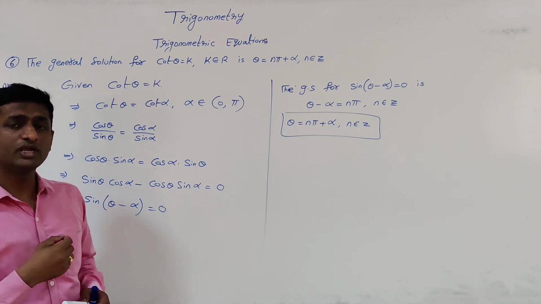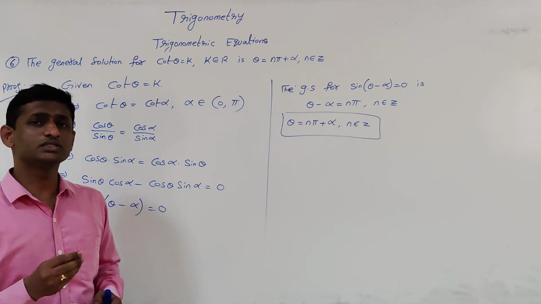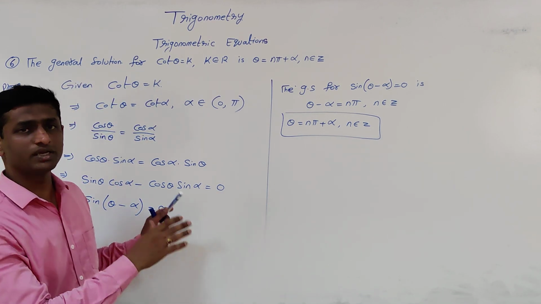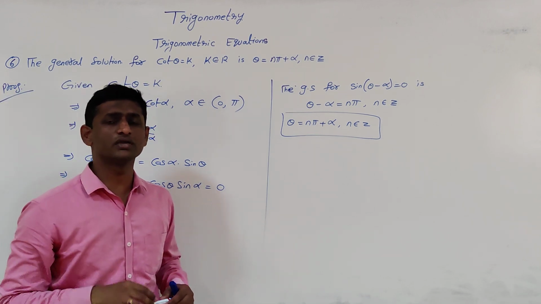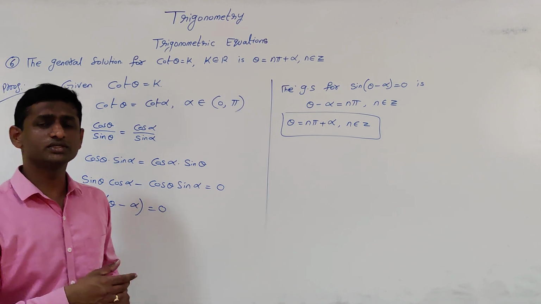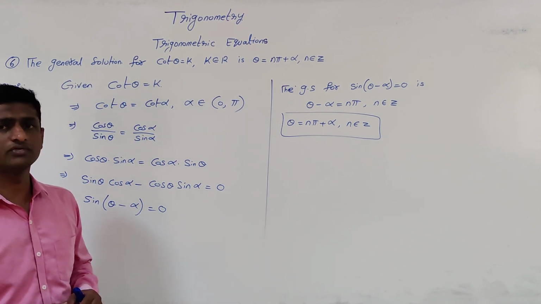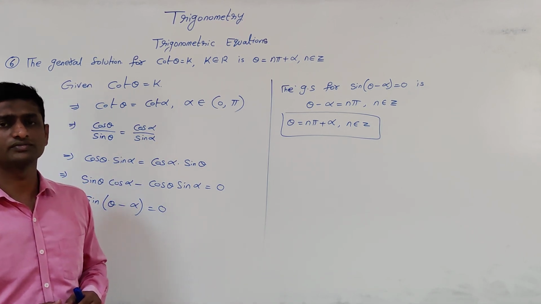So we have seen the 6 equations and their general solutions. Again we will have a tabular table for different trigonometric equations: sin theta equal to k, cos theta equal to k, secant theta equal to k, cosecant theta equal to k, tan theta equal to k, and cot theta equal to k. We will see the general solutions for different trigonometric functions.